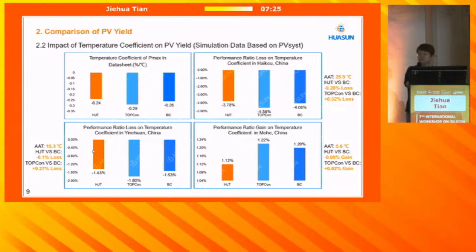BC is middle and TOPCon is highest. But in Mohe, the temperature is only 5.6 degrees. The temperature coefficient results in positive gain because the temperature coefficient of IGT is the lowest. The gain of IGT is the largest.